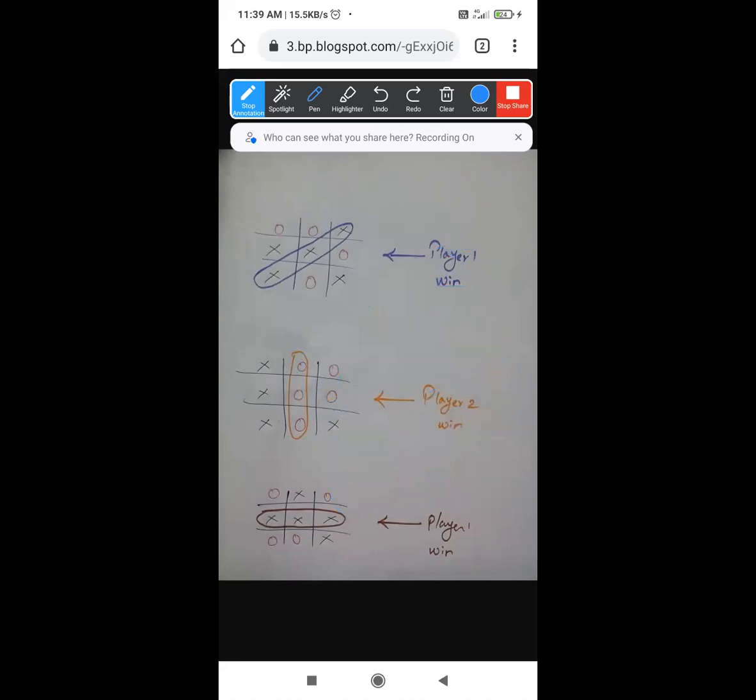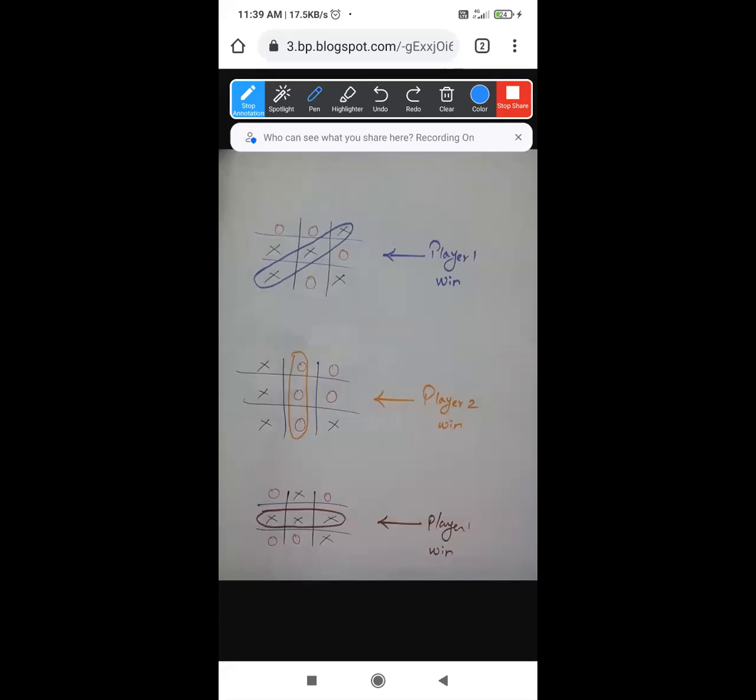See this example once. Here player one wins because he's making a diagonal, so diagonally he's making cross marks. That's why he's going to win. In the second image, player two wins because he has the O's like this.